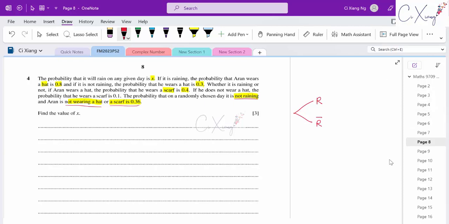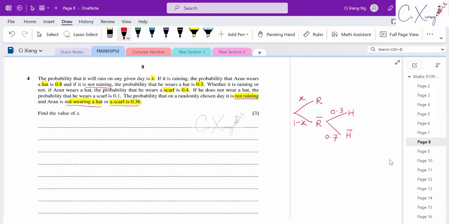We can only focus on the result that we want. Okay, so we know that the raining probability is x, therefore the not raining probability will be 1 minus x. If it is not raining, then the probability of wearing a hat is 0.3. This is the not raining branch. Therefore, not wearing a hat is 0.7.